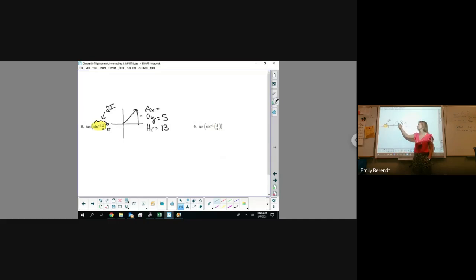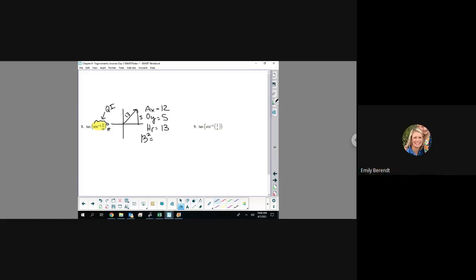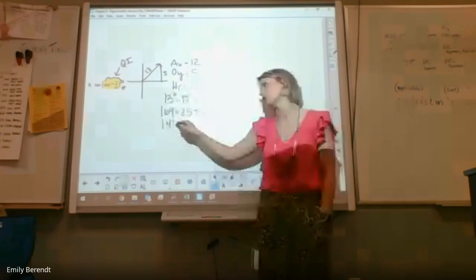So if you have a 5 for the y and a hypotenuse of 13, it is a triple. It's 12. If you don't know all of your triples, you do 13 squared equals 5 squared plus x squared. 169 equals 25 plus x squared, 144 equals x squared. Root it, 2 answers.